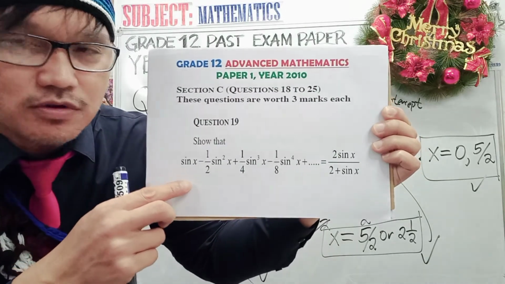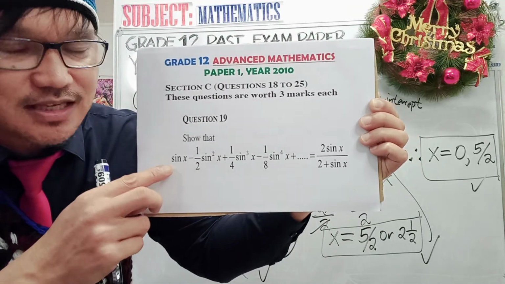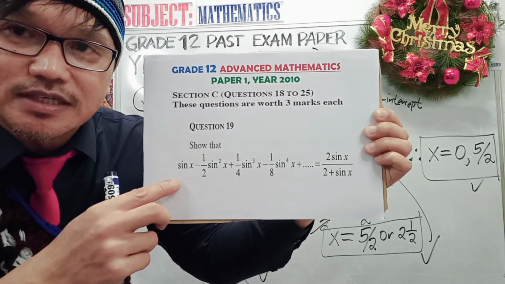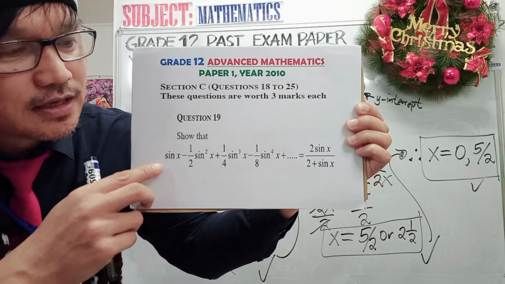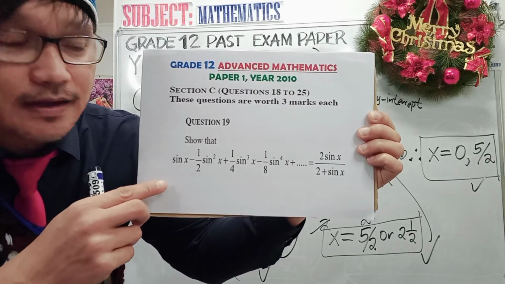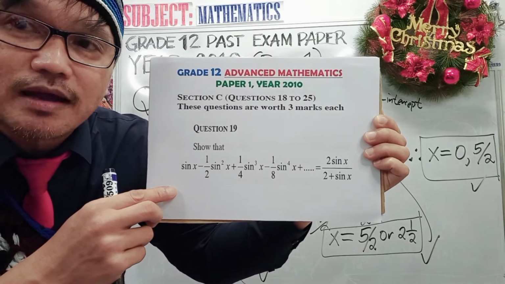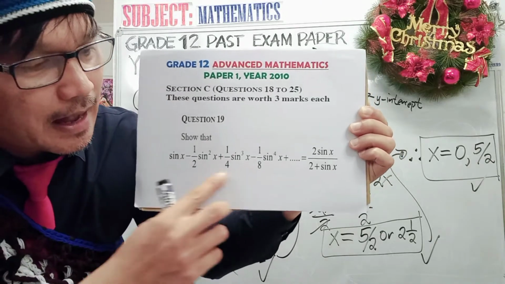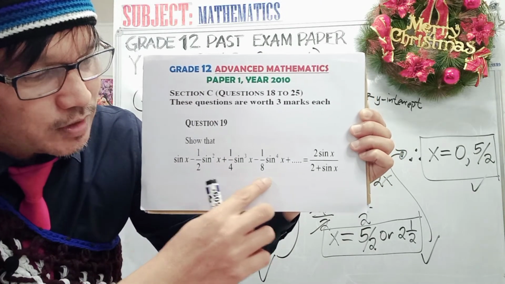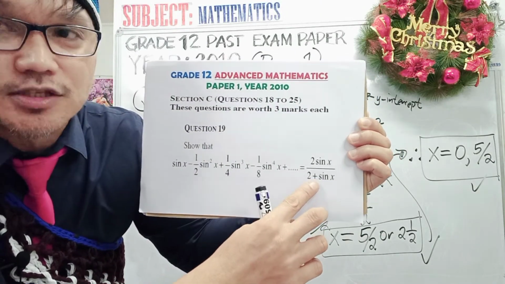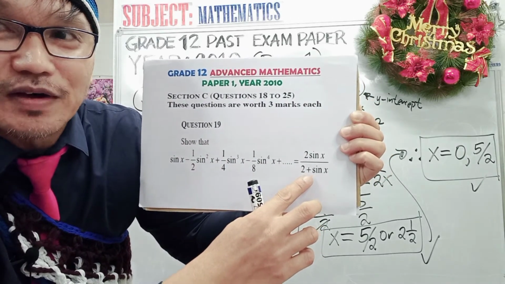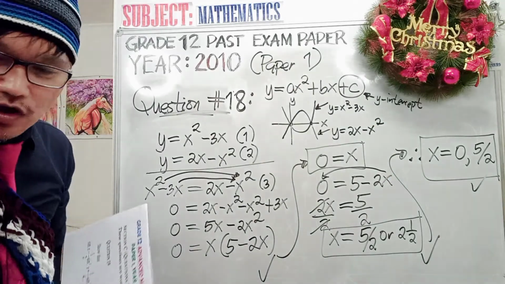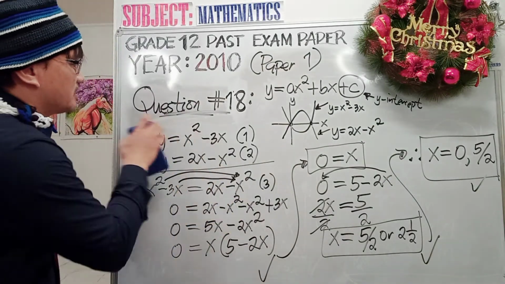When you notice that this is a series, you can figure out which formula you can use to work this out and arrive at this, to prove that it will be equal to this.